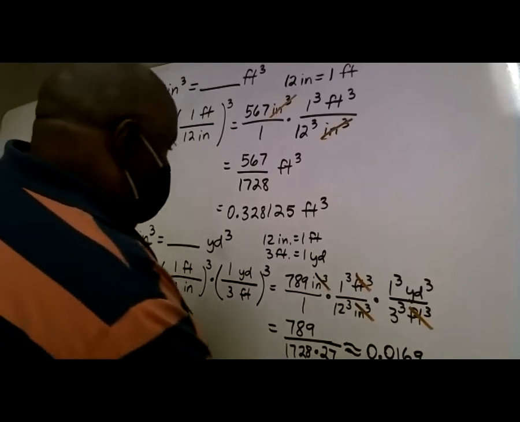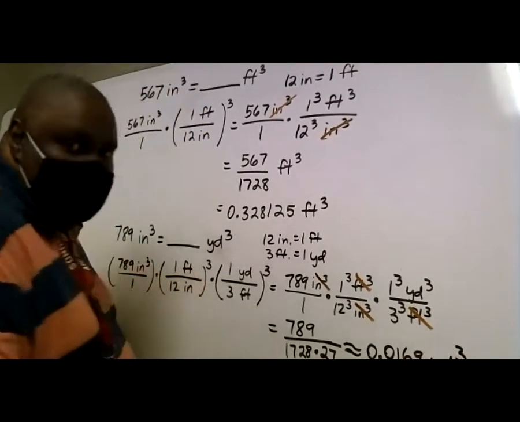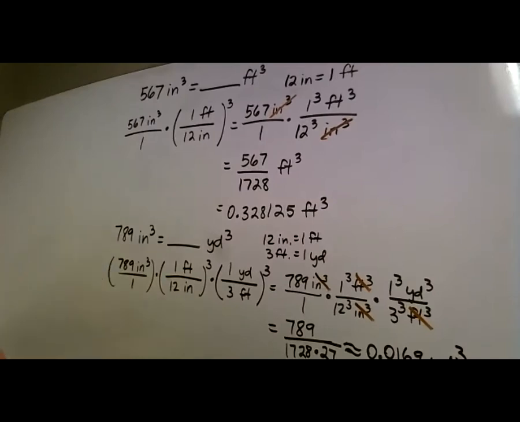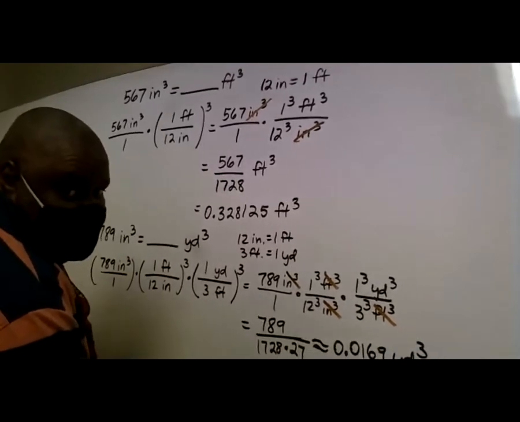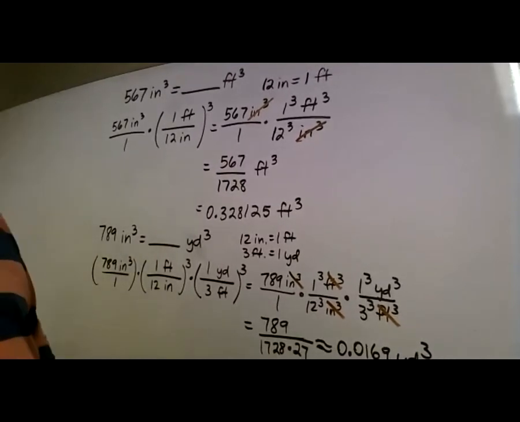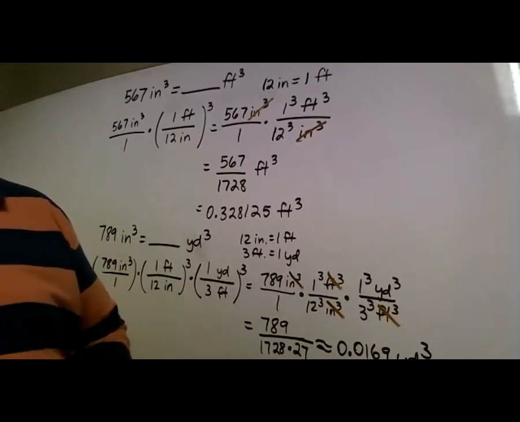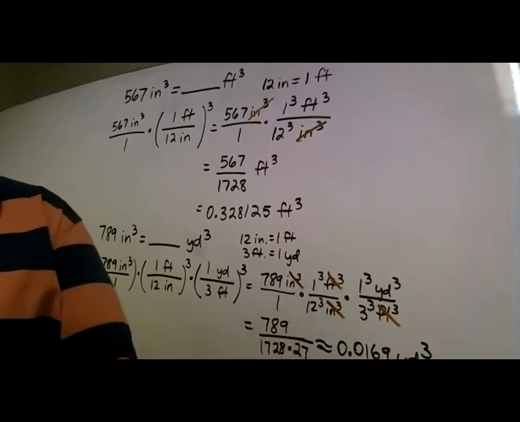I need to add that as well. Okay. Questions on that? The denominator is 12 cubed times 3 cubed. Yes. Okay. Any other questions?